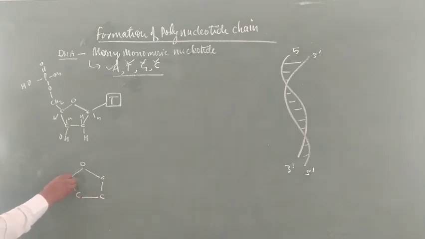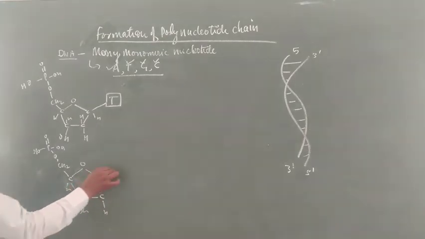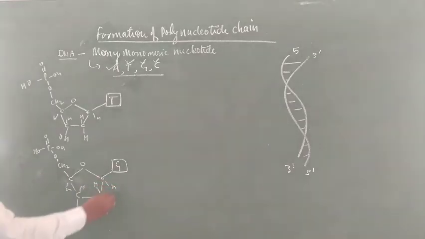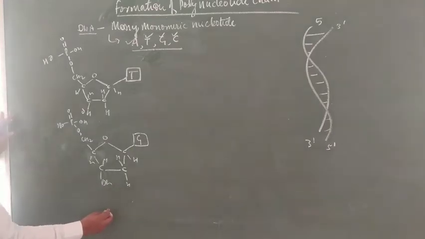and another nucleotide comes in contact with this. Suppose guanine, CH2O, phosphorus, OH, H, double bond O. Clear? OH, H, H. So guanine is attached with this. Okay, and suppose the third nucleotide is called cytosine.